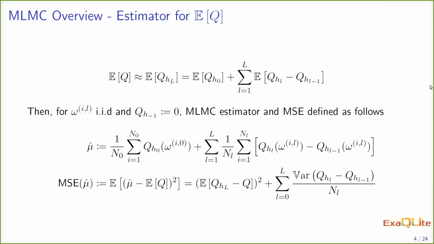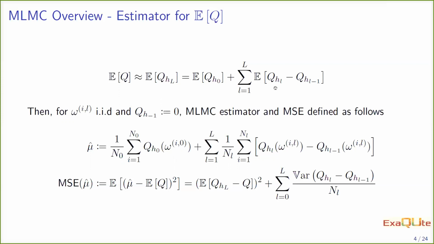So I present here the MLMC estimator for the expected value, although the one for higher level moments follows a similar structure. You use the linearity of the expected value to rewrite the expected value on the finest level as this telescoping sum. And then you replace each of these expectations with a simple sample average to give this particular form of the estimator.